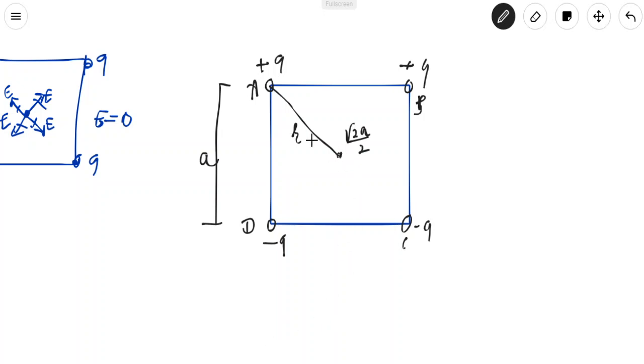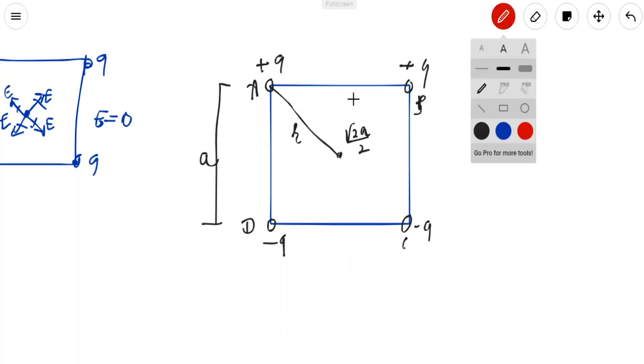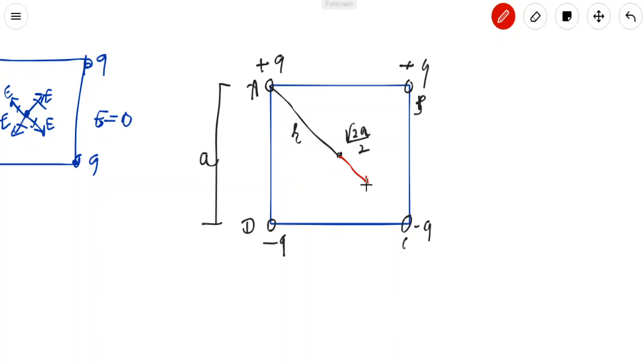Now, because of the charge placed on A, we will have an electric field in this direction. How is it so? Because we have assumed a positive charge here, and this positive charge will provide a repulsive force.